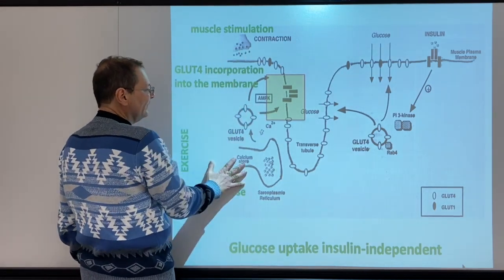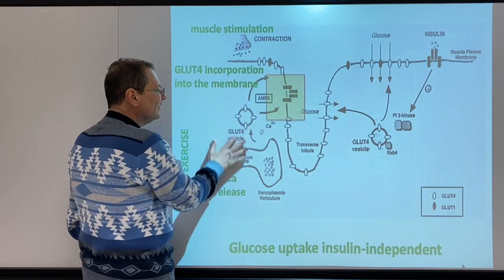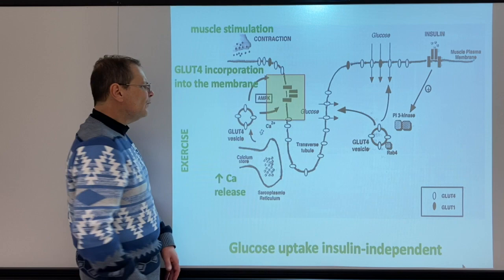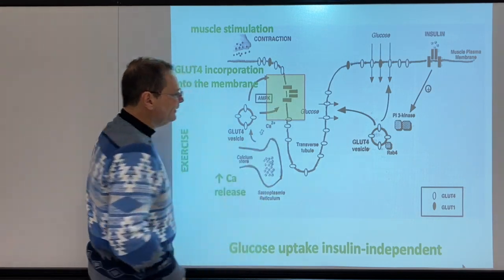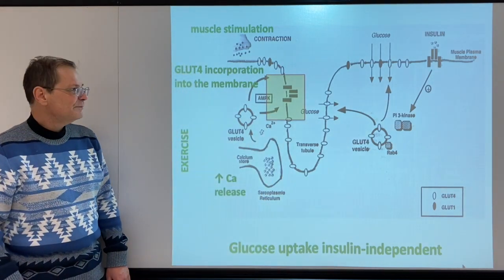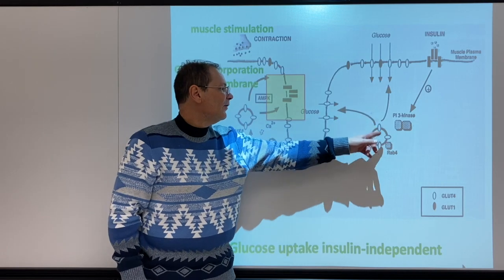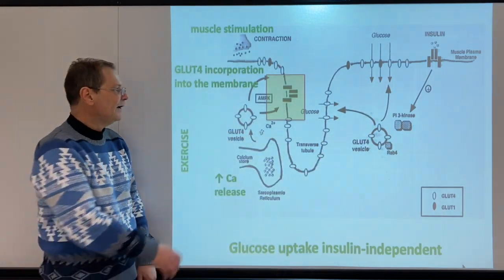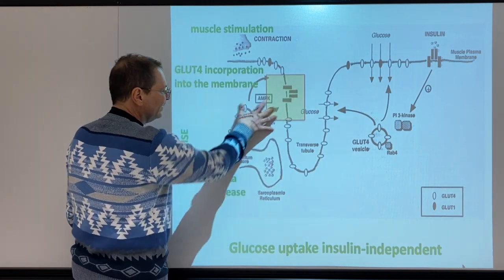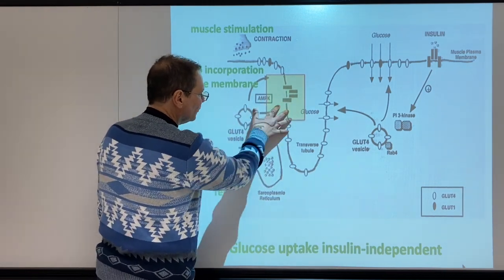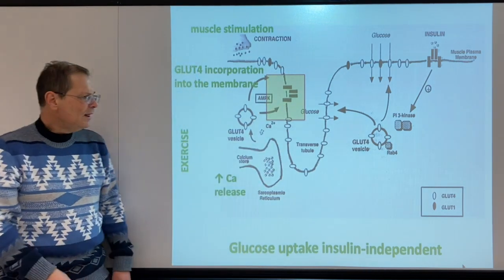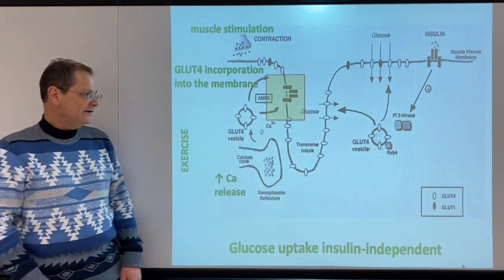And because you're exercising and your calcium is going up, this is going up at the same time that this side is going down. So what that does is it increases glucose uptake, despite the fact that your insulin is down and your insulin-dependent mechanisms are decreasing glucose insertion into the membrane. This maintains glucose transport. It increases the insertion of glucose transporters into the membrane, and that sustains glucose uptake.